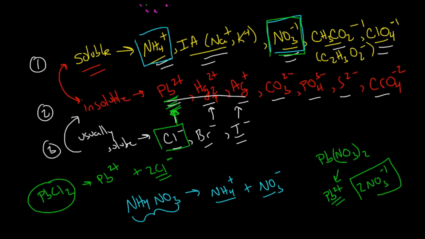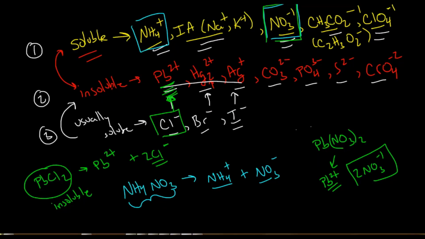So this compound is insoluble, meaning that it will not dissolve in water. In the next video, we'll explore how we can use these ideas to predict the phase of reactants and products in a chemical reaction that involves ionic compounds.